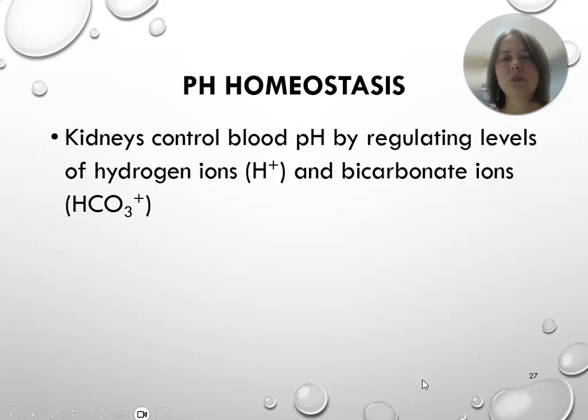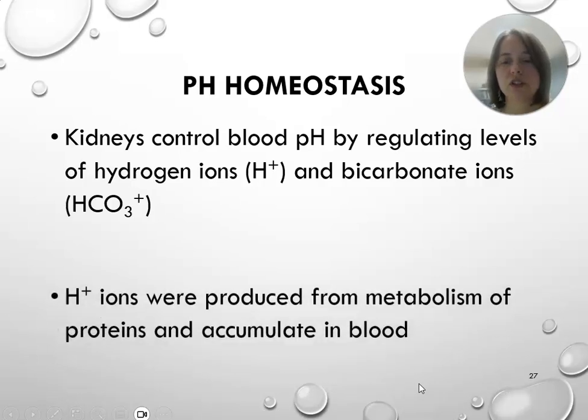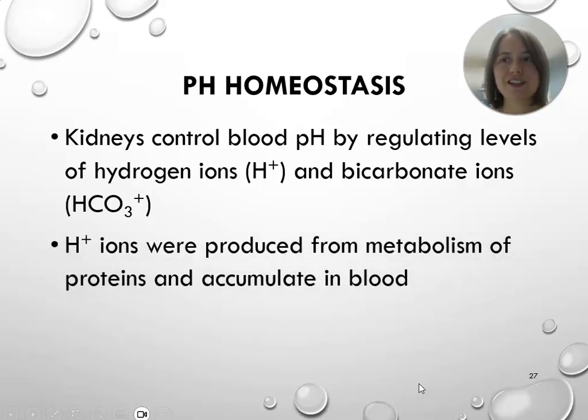So kidneys control blood pH by regulating the levels of hydrogen ions, more or less acidic, but also bicarbonate ions, HCO3, because bicarbonate acts as a buffer, and we really like those buffers because they help so that the pH doesn't change even if you have more hydrogen ions. It keeps it in a narrow range, which is good because your blood can only be in a narrow range.